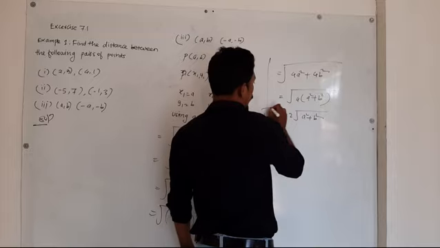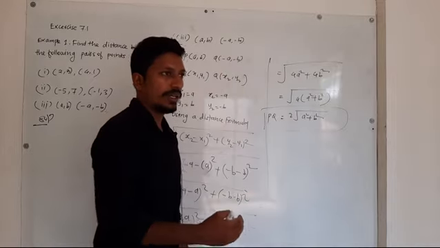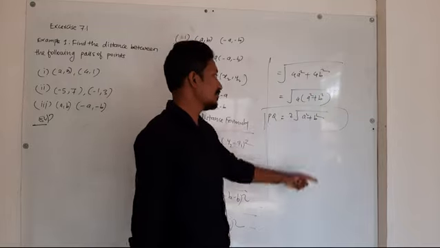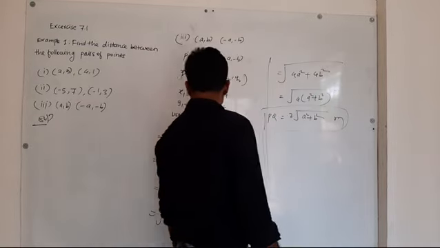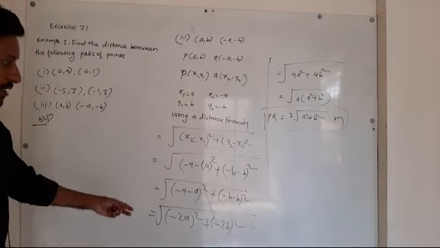Distance PQ is equal to 2 root of a squared plus b squared meter. Students, please solve this question.